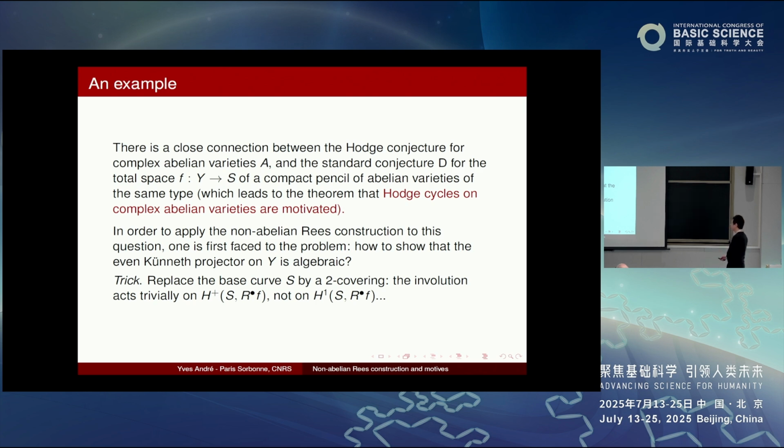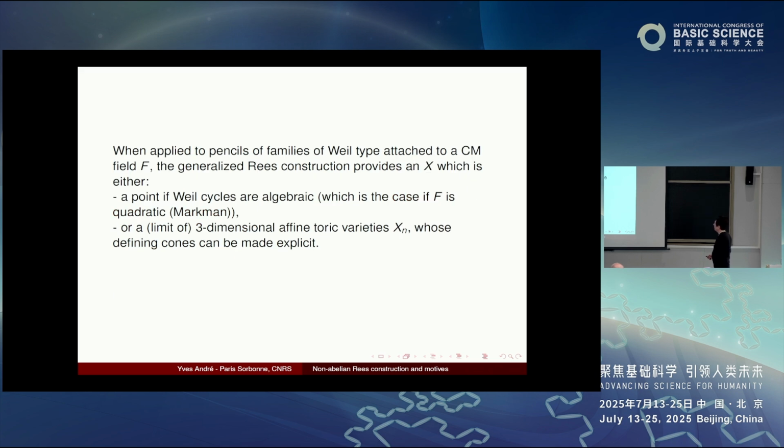So in the concrete example, the family of motives which you cut out has trivial monodromy, and you see immediately that the involution of this two-covering acts trivially on the even part, but not on the odd part, because this one is like H0 or H2 of S, and this one H1 of S. So in any case, one can play with this and look at which kind of X one can get.